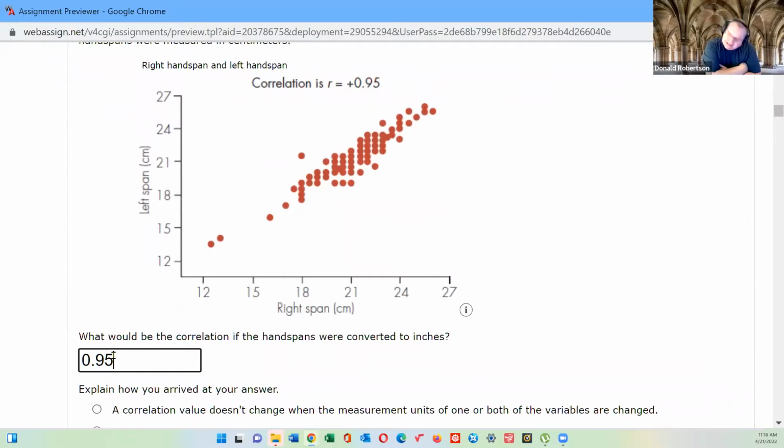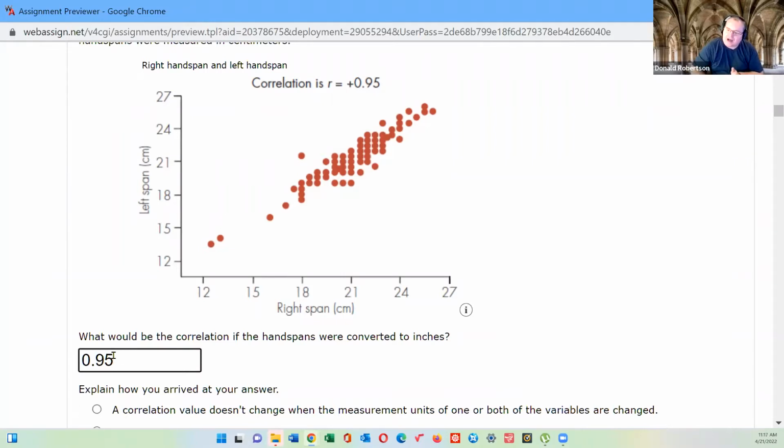It seems surprising, but it doesn't matter what you measure things in. The correlation coefficient is a statistic, right? A number that you get that is unit free. It means it has no units.